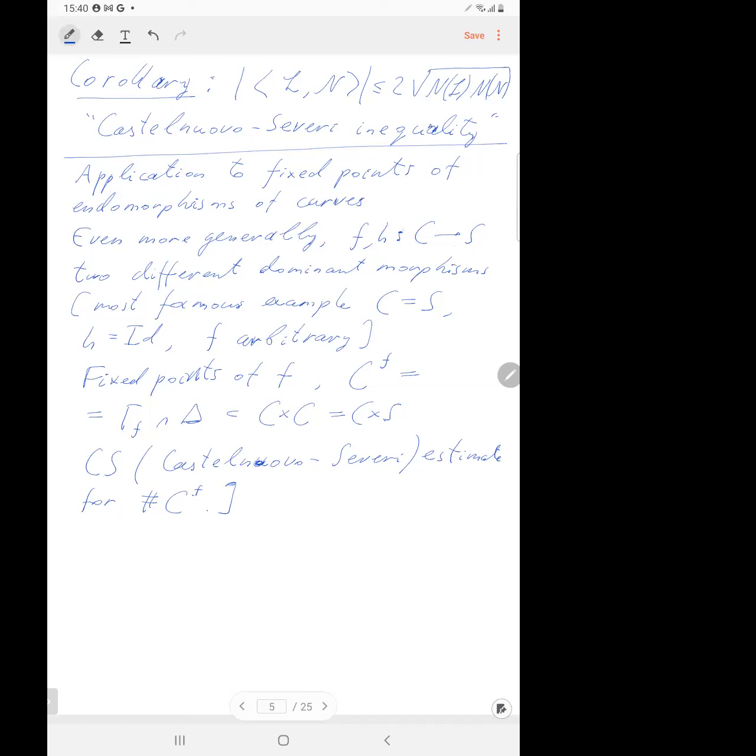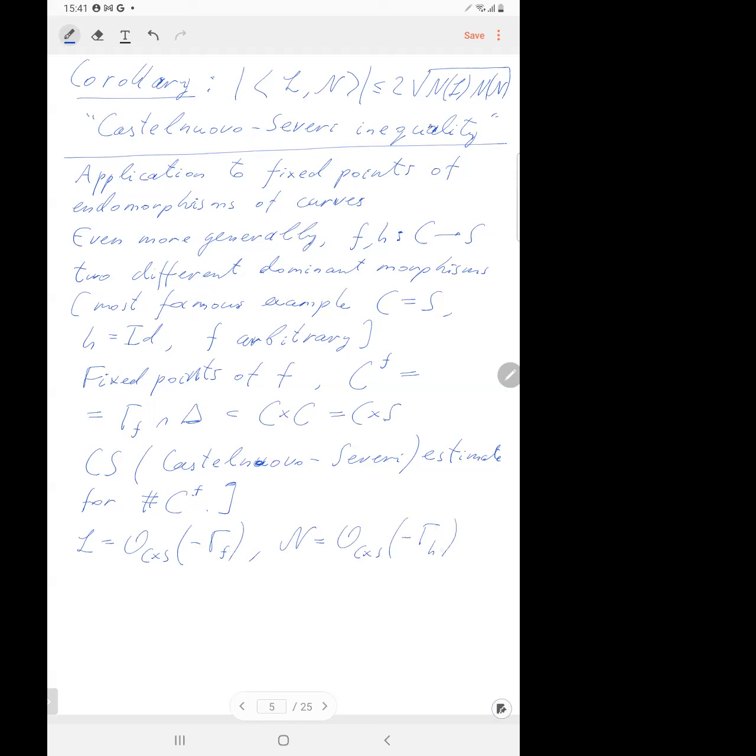In the general case, they are on equal footing, just two arbitrary morphisms. And now to make contact with the previous study, we take L as the structure sheaf twisted by the divisor negative graph of F, and N is symmetrically the structure sheaf twisted by negative graph of H.